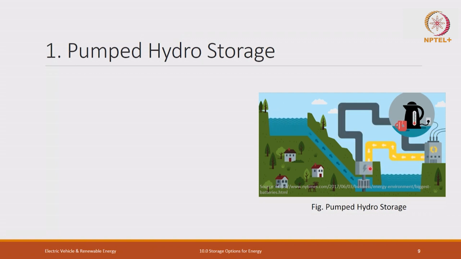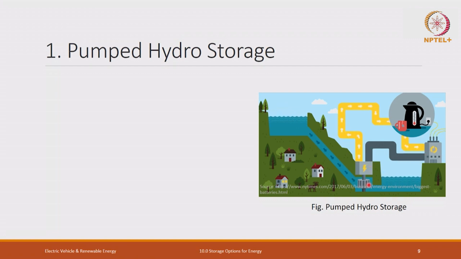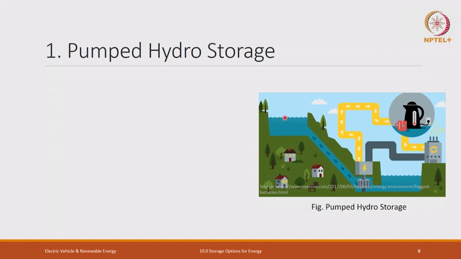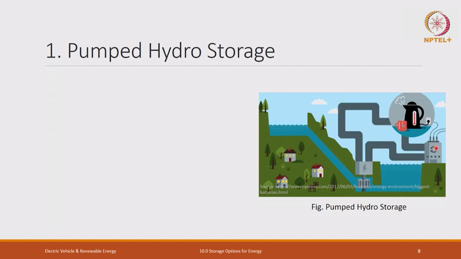When we have excess energy, this acts as a motor, turns the pump, and pushes the water to a higher level. Whenever this is not there, it goes back. This motor acts as a generator, this pump acts as a turbine, and gives back the energy in electrical form to be used in the house. So your house is still running continuously. You don't even feel what is happening there.